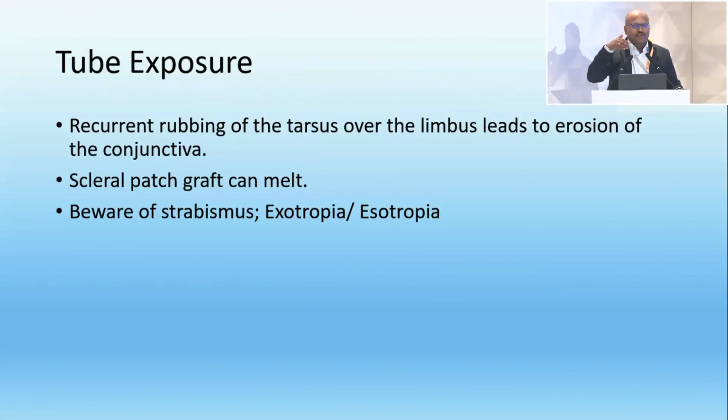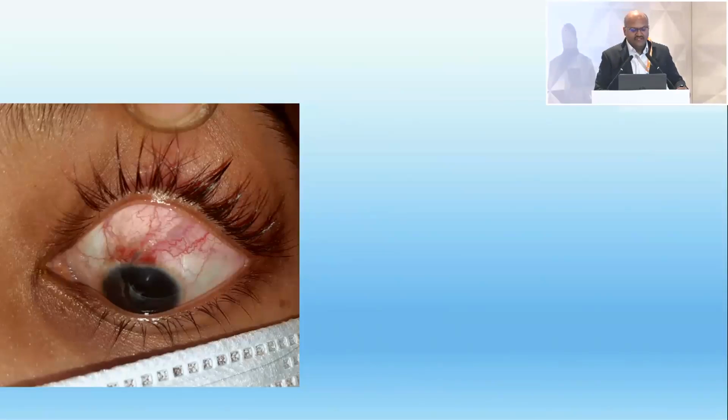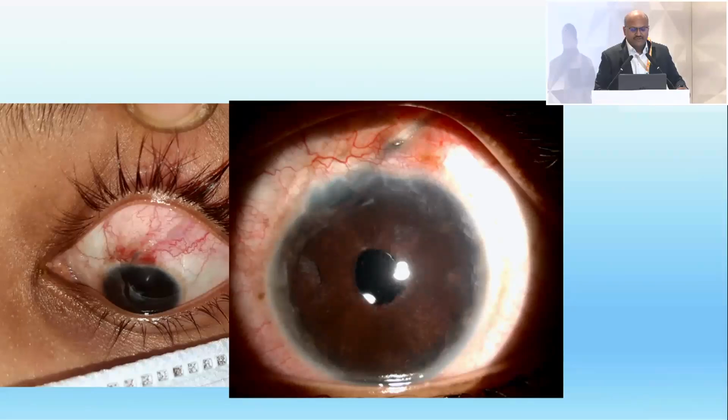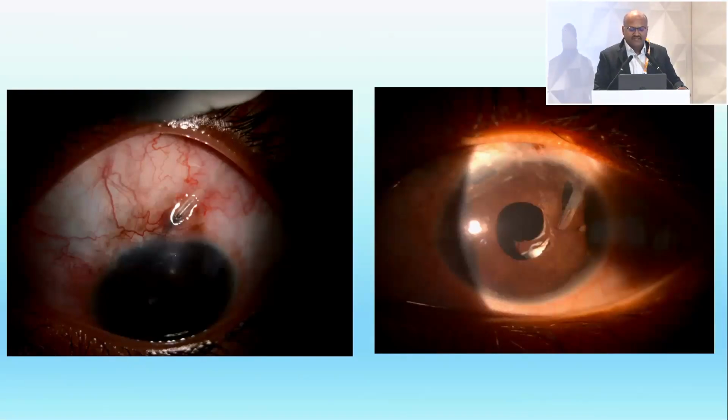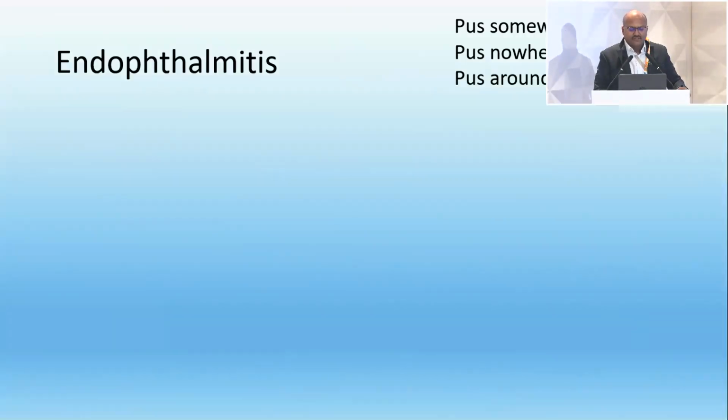If you have an esotropia and you put the tube in supratemporally, you have a very high chance of exposure. So be careful with pre-existing strabismus. This patient did not have a patch graft, but you can see that it's exposed because of constant rubbing of the eyelid, and then we redirected the tube into a different space, and she's doing well now.